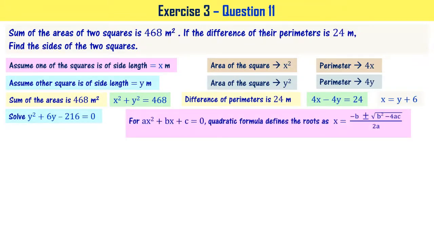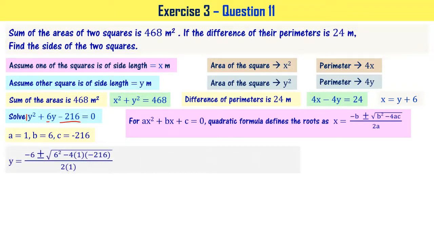For that, I have to say what are the values of a, b, c. a is going to be 1, b is going to be 6, and c is going to be minus 216, right? When you substitute them, y is going to be equal to minus b plus or minus square root of b square minus 4ac, divided by 2a.